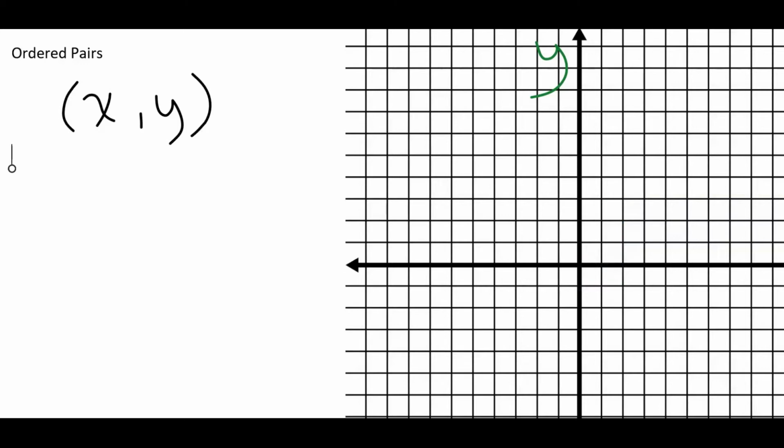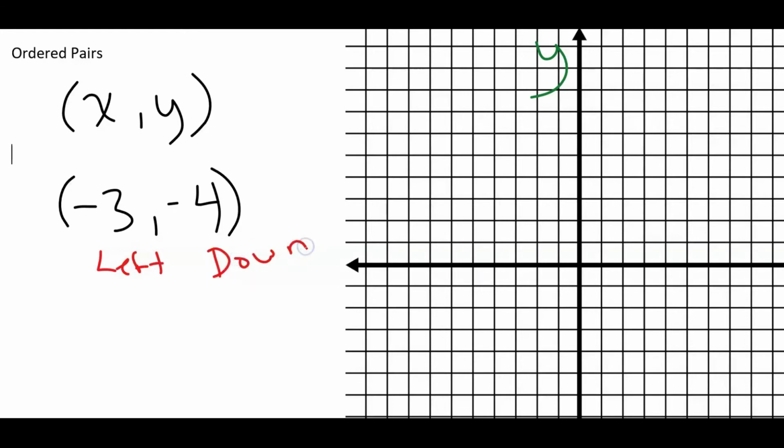Now, you might get negative numbers in your set. Let's say I have the numbers -2, -3, -4. That's telling me that I'm going to go left instead of right. Negative numbers on the x-axis are always going to be to the left, and negative numbers on the y-axis are always going to be down. So we have those two contrasting points there.